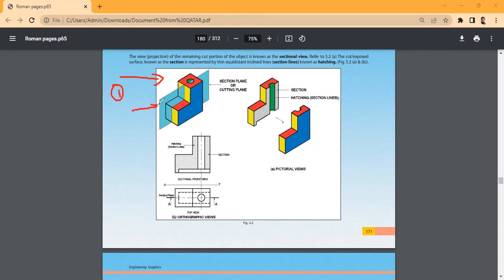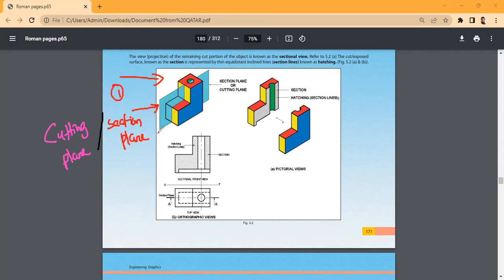Yes. Okay. So this is called a section plane, or it is known as cutting plane. Section plane or cutting plane, because we are using this plane to cut the object.